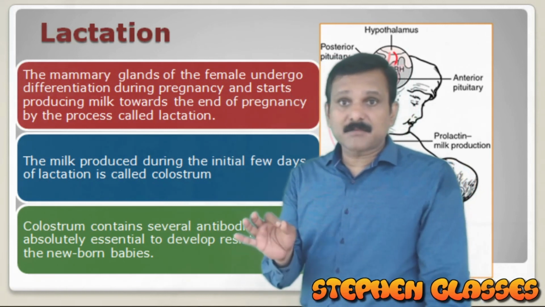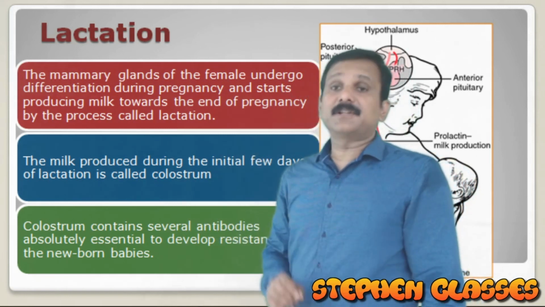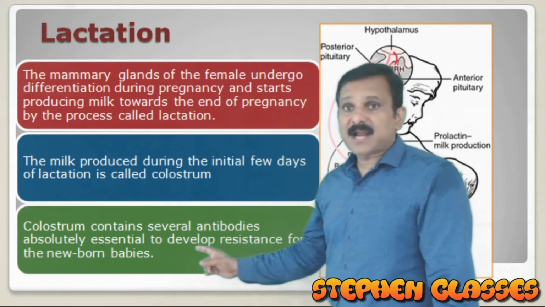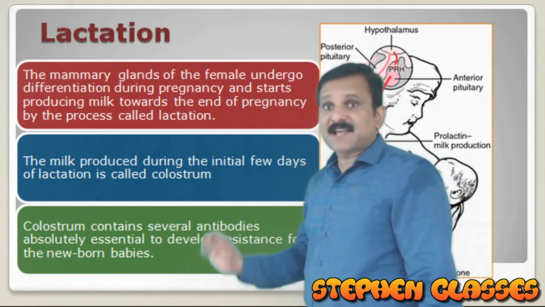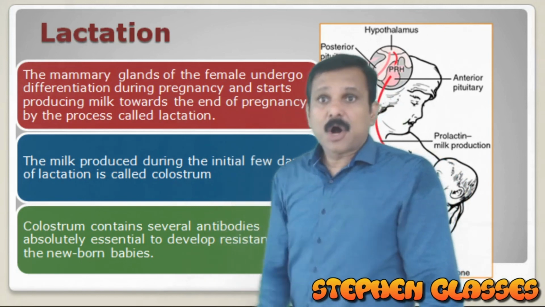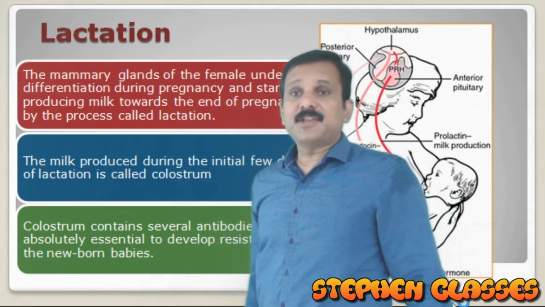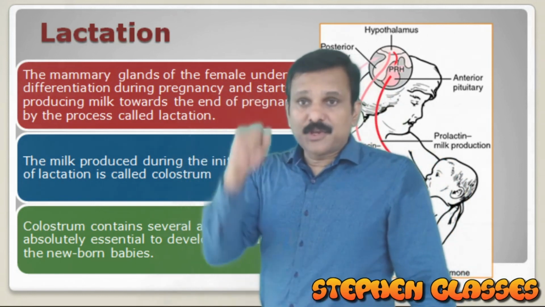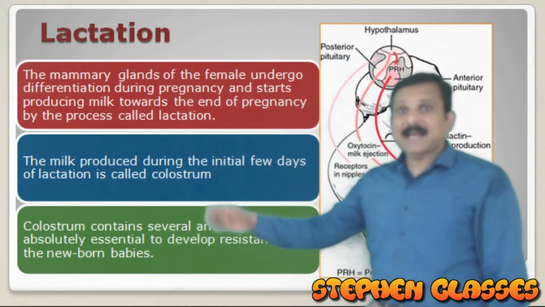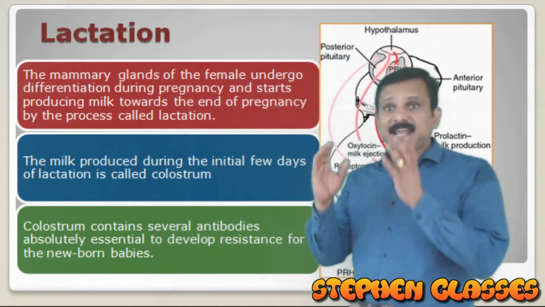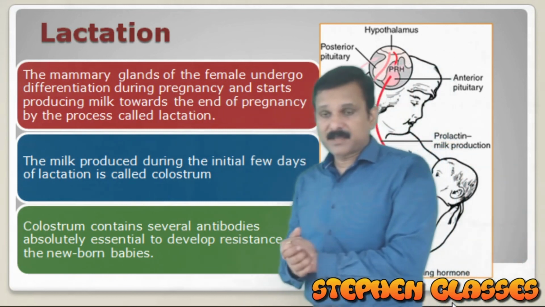And colostrum is essential for the newborn because it contains several antibodies, and it is absolutely essential for the resistance or immunity of the newborn. So the newborn gets immunity from the antibodies present in colostrum. Colostrum contains a set of antibodies.